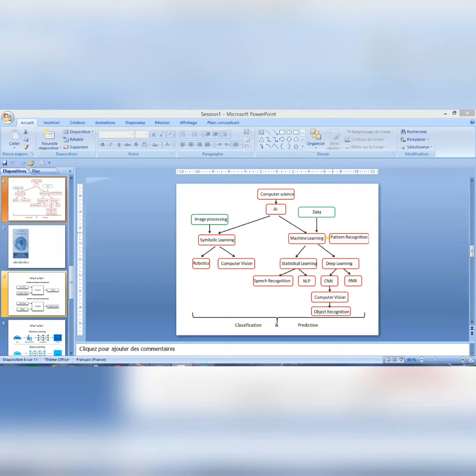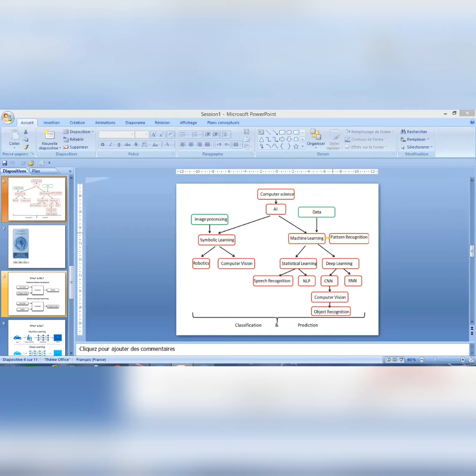Okay, so this diagram is only to tell you about the computer science process. So computer science is just like the very big umbrella that contains data science, and then data science is the bigger umbrella that contains AI. And then we will try to talk about AI and its fields.